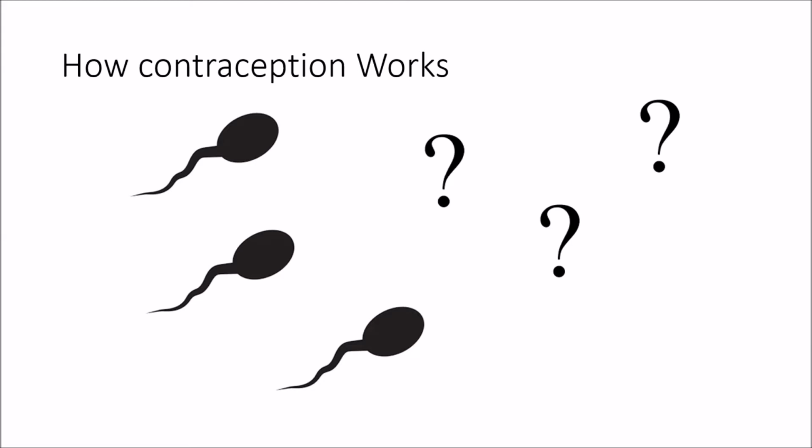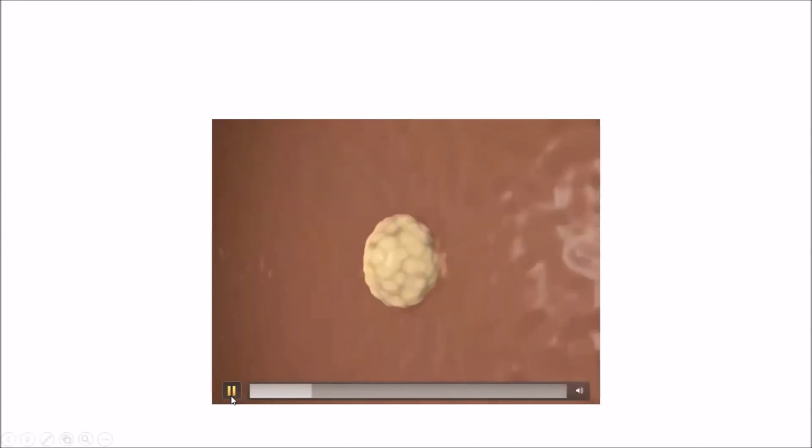So if you missed that, you would probably have to read up on that chapter. But anyhow, this method prevents implantation from occurring. This short animation shows what implantation is.